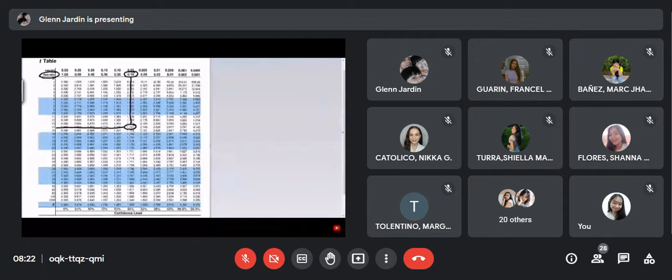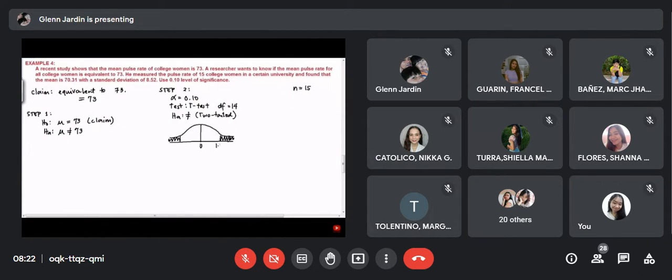Ang sagot is 1.761, and isang negative kasi two-tailed. So, ang ating critical values ay dalawa kasi two-tailed to. Critical values are positive, negative, 1.761.